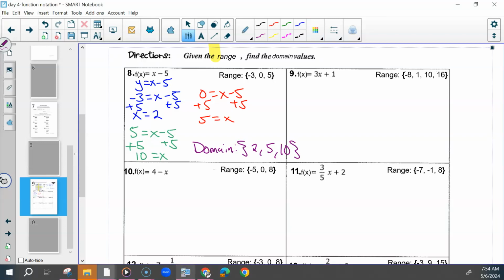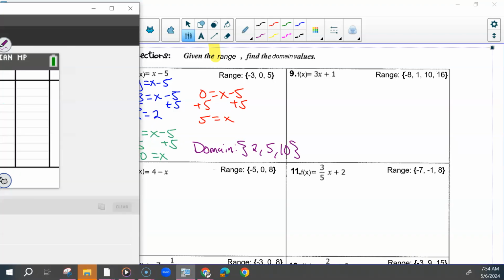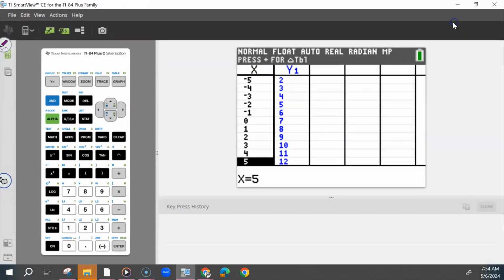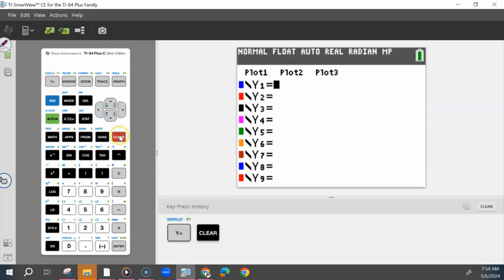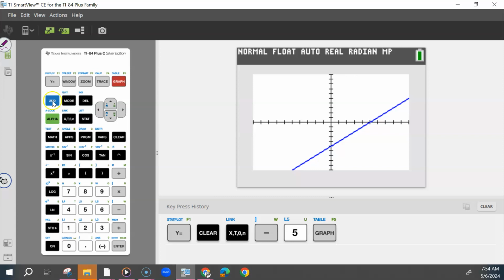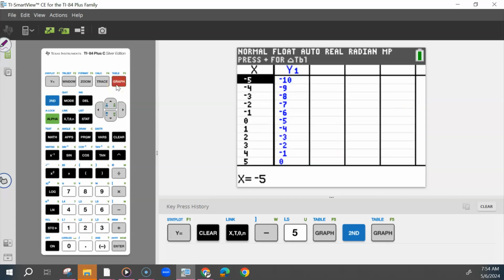I brought this up, but I didn't. So in y equals, if I change that to x minus 5, go into my table, and look for when x is negative 3.